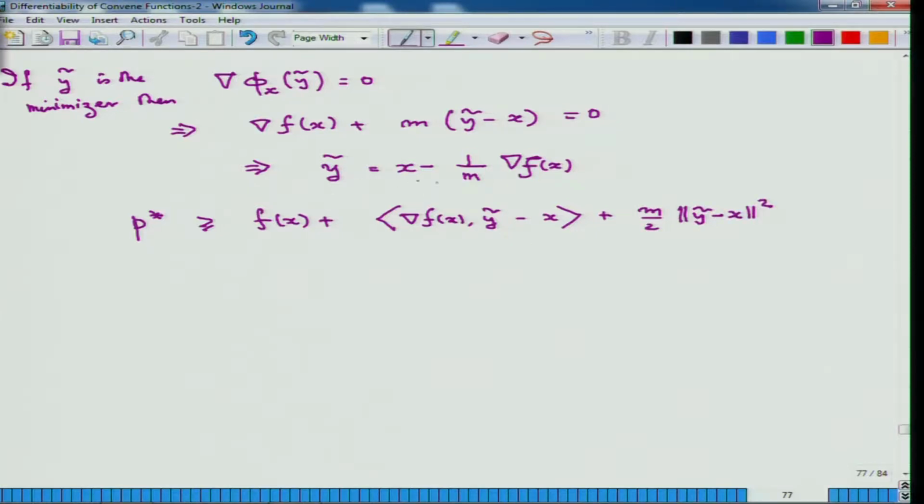If I put down the value of y tilde here, I will have this bigger than f(x) plus grad f(x) times, since y tilde is x minus, the x will get cancelled, minus 1 by m grad f(x), plus m by 2 times norm of y tilde minus x squared, which is the same as 1 by m squared.